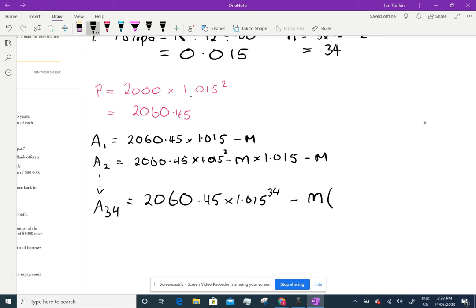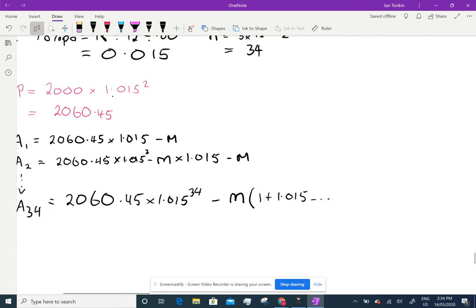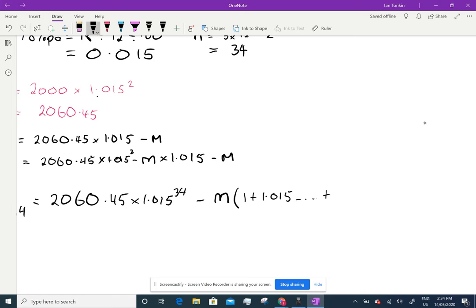outside of 1 plus 1.015 ... and it's going to be 1.015 to 33. And what are these things in here? A equals 1, R equals 1.015, and N equals 34.